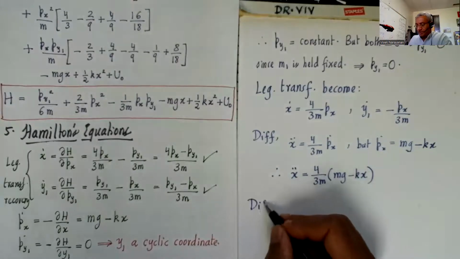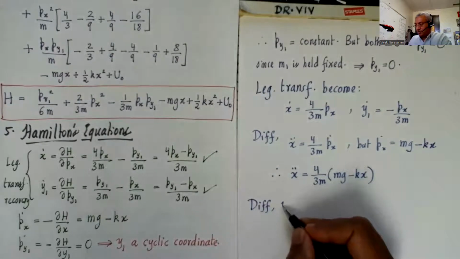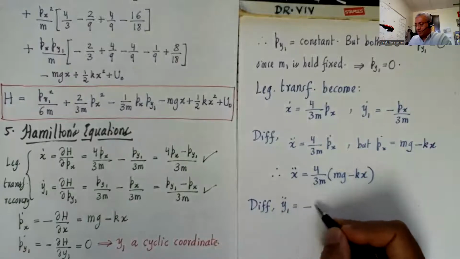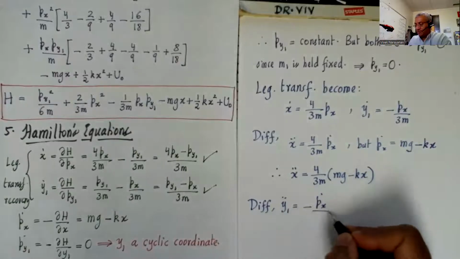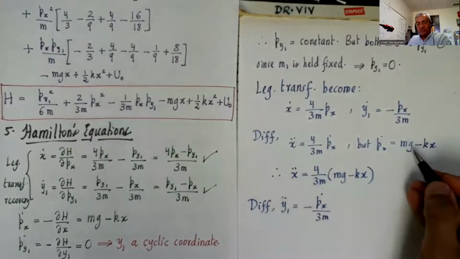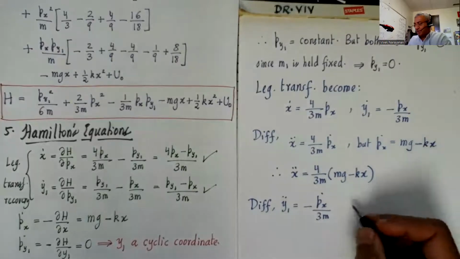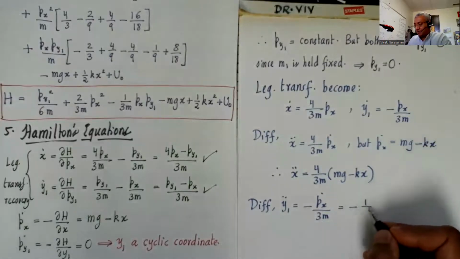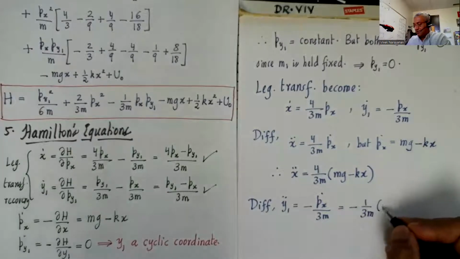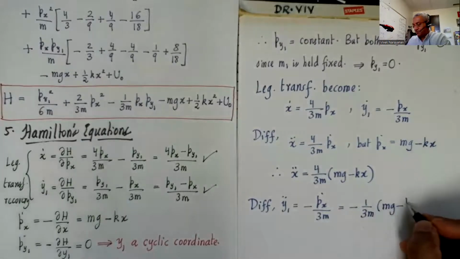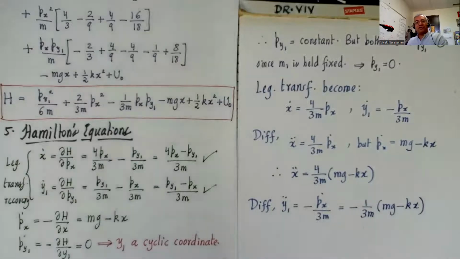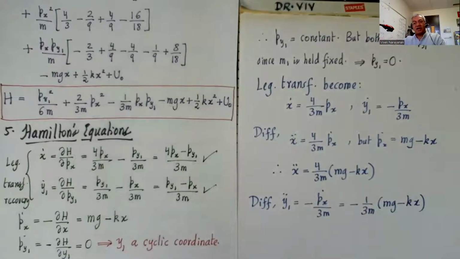Now let's differentiate that next. So differentiating again, I get y1 double dot equals negative px dot over 3m. And again, using px dot equals mg minus kx, I get negative 1 over 3m times mg minus kx. So these differential equations for y double dot and for x double dot can now be solved.